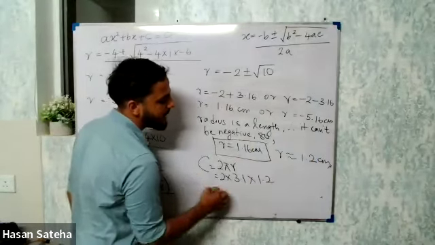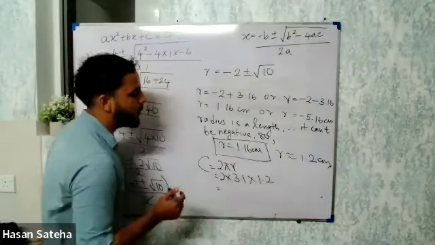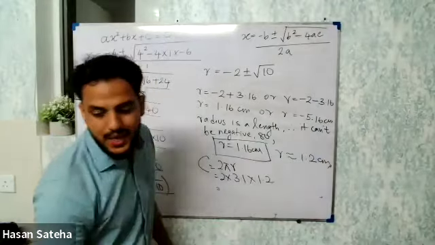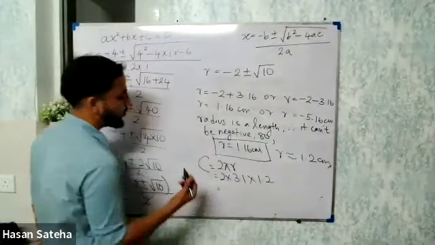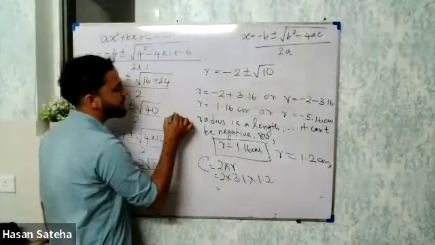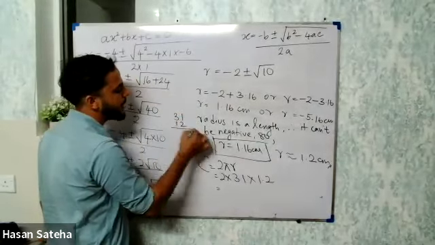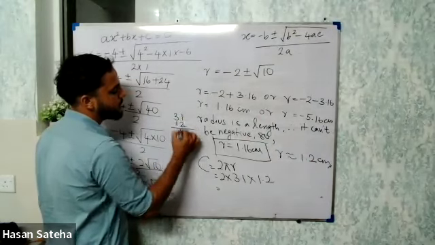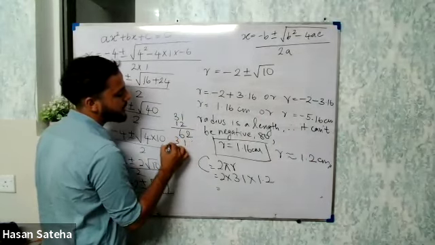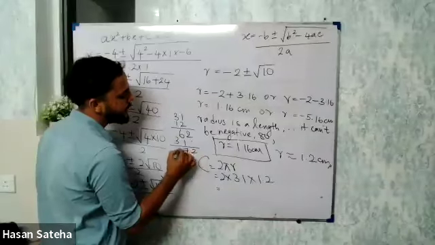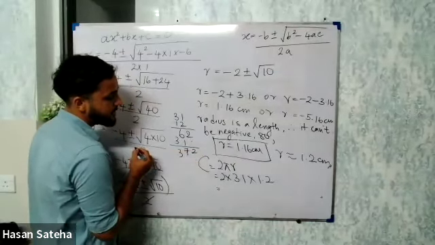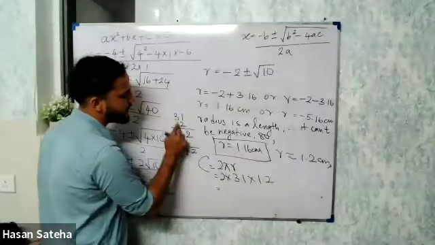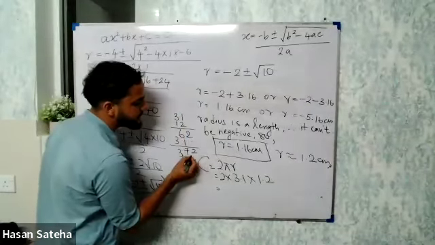Now we just need to multiply 2 into 3.1 into 1.2. What we can do here, forget about the decimal place. We can add the decimal place later. So what are we going to do? 31 into 12. First we are going to find what is 31 into 12. 1 into 2 is 2, 3 into 2 is 6, leave a space, 1 into 1 is 1, 1 into 3 is 3. So 2, 7, 3. Okay. Now, how many decimal places we had? 3.1 is 1 decimal place, 1.2 is 1 decimal place, so 2 decimal places.